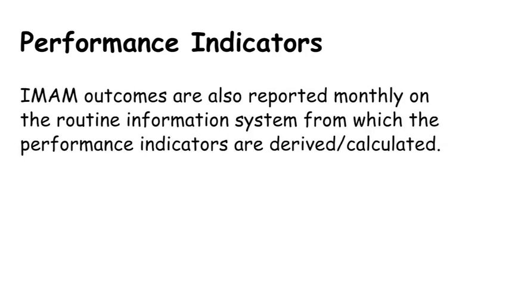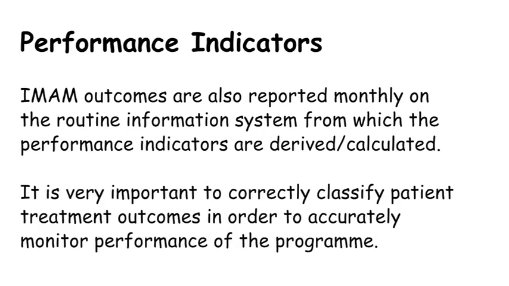IMAM outcomes are also reported monthly on the routine information system from which the performance indicators are derived or calculated. It is very important to correctly classify patient treatment outcomes in order to accurately monitor performance of the program.